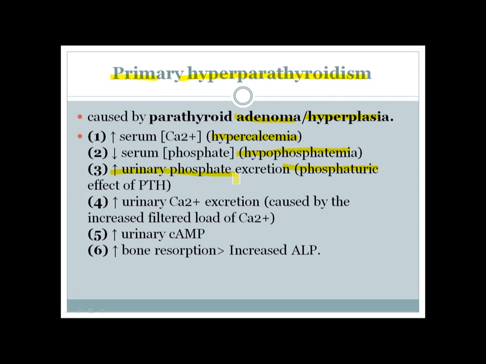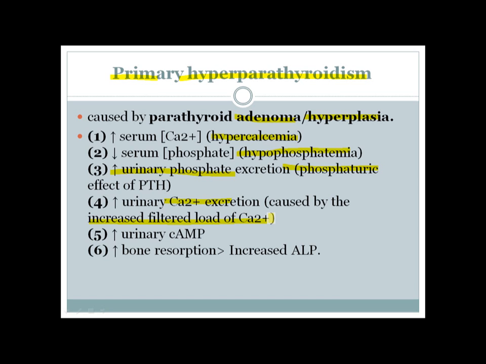Something different here: as the serum calcium level is high, there will also be increased urinary calcium because of increased filter load of calcium, which occurs due to the action of parathyroid hormone on the bones and also increased activity of vitamin D on the intestines, raising the serum calcium level and the filter load.